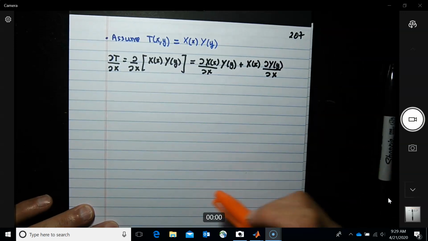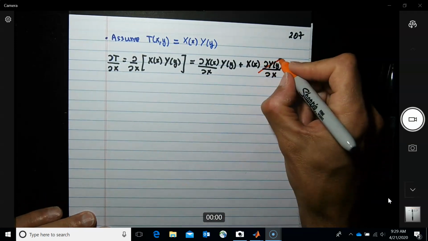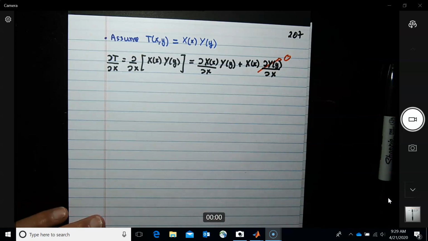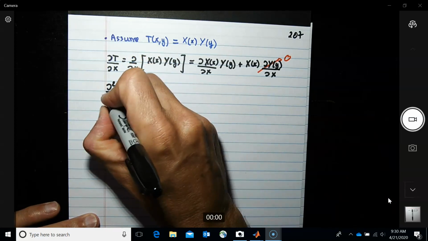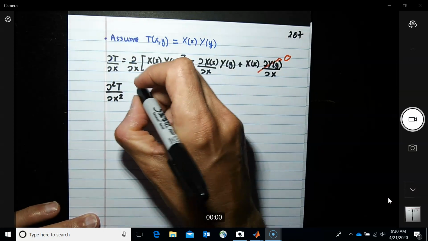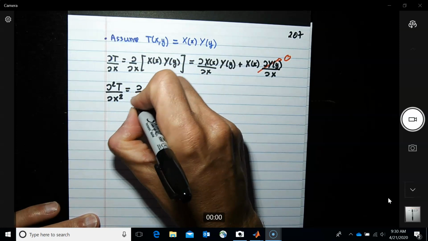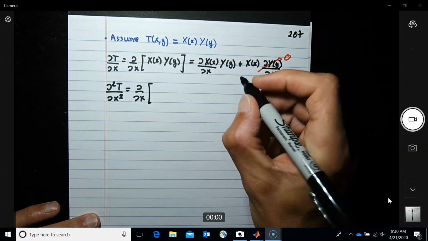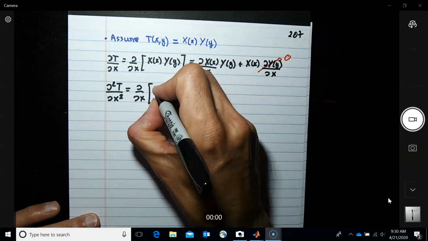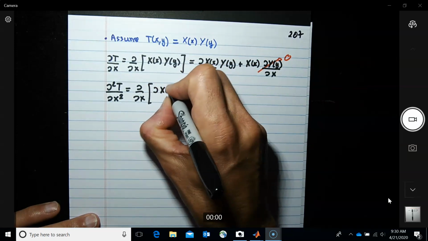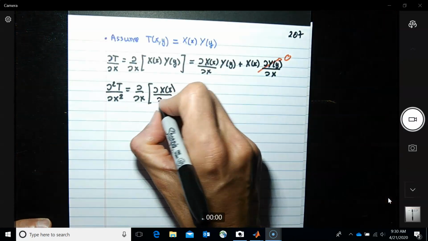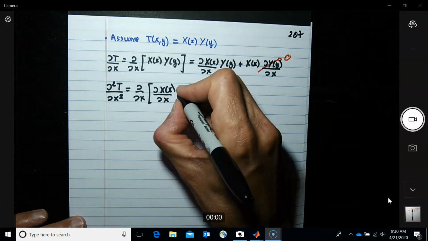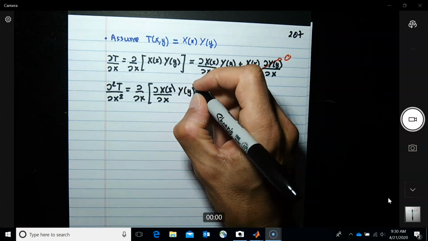But since we know that this is only in function of y, this will be 0. So now the second derivative of the temperature with respect to x, we do exactly the same thing.